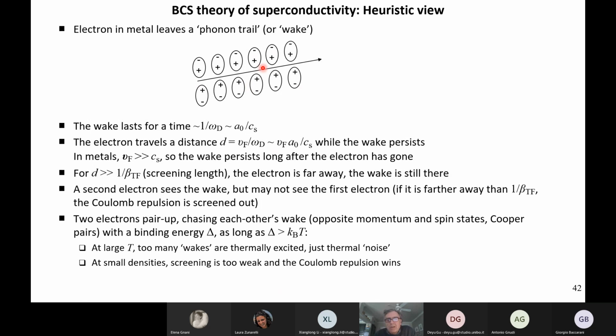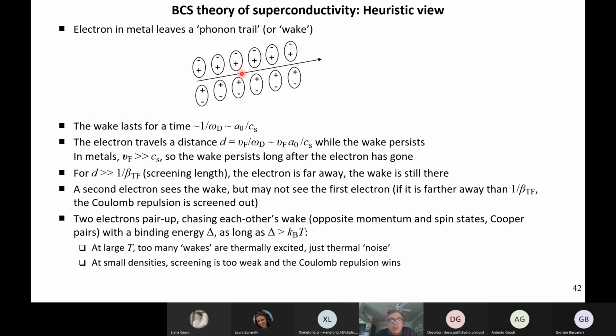You can view this polarization in an obvious way: this is a polar material, gallium arsenide, the electron comes, it interacts via the Fröhlich interaction with longitudinal optical phonons, which essentially means that the ions polarize. Positive ions will be attracted by the negatively charged electron, negative ions will go away, and electrons in the bonds that constitute the material will move away.